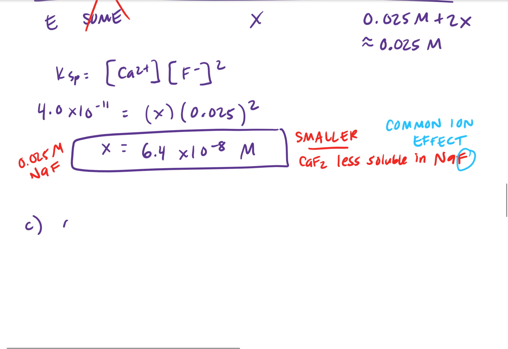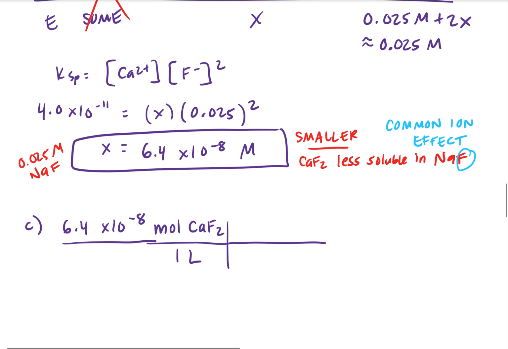Okay, so 6.4 times 10 to the negative 8 molar. Think of molar not as capital M anymore, but moles of calcium fluoride that dissolve in every 1 liter. And the problem would like for us to convert this into grams per liter.